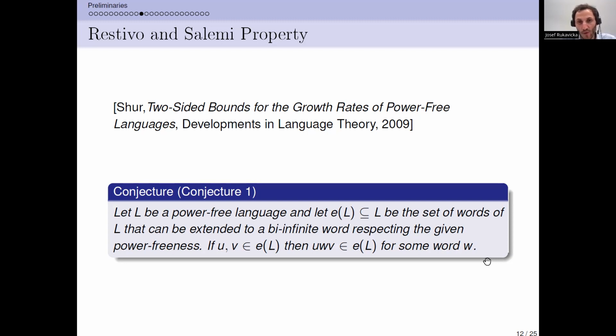In the problem 4 of Restivo and Salemi, this requirement was not there. It was just about finding the transition word in such a way that the concatenation is power-free. But here the concatenation must be extendable to infinity on both sides, meaning to be an infinite power-free word.